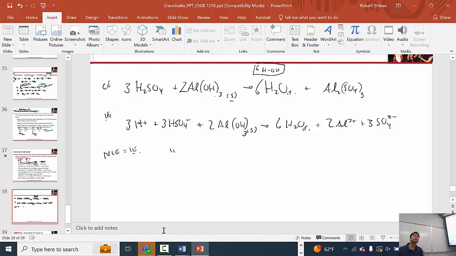Everything is a reactant in this one. Everybody participates in this particular reaction. And the driving force again is stronger acid, H2SO4, to weaker acid, water. This is our driving force here. Water is a pretty weak acid.